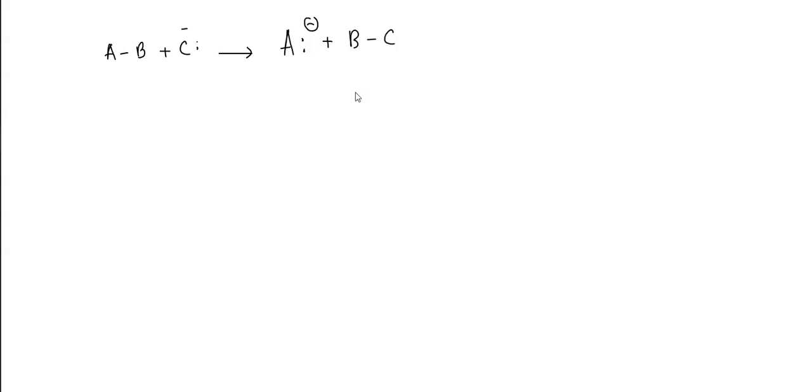But maybe this reaction takes place in two steps, where in the first step AB breaks down to give A minus and B plus. So this might be my intermediate that is formed during the reaction.